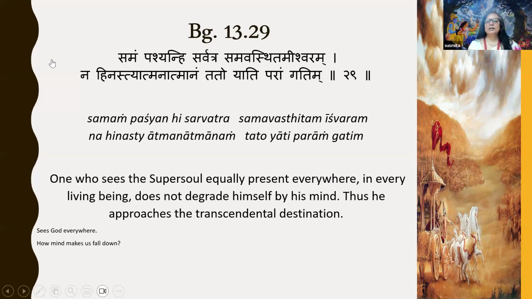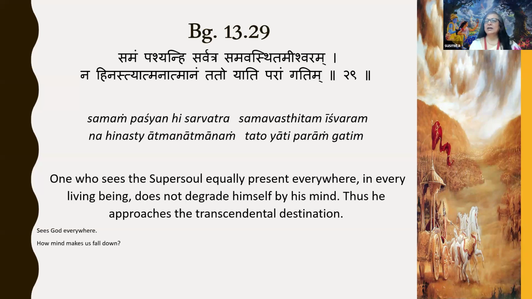So in this shlok, the last part is tato yati param gatim. Param gatim means he approaches beyond the material, the transcendental destination. And how can he approach? When what does he see? Sama pashyan sarvatra. Sarvatra is everywhere. Pashyan is to see. Sama is equally.